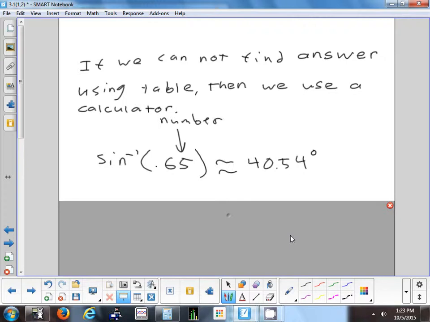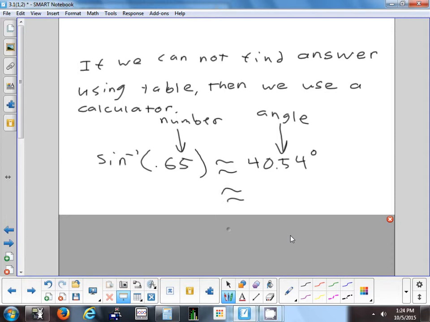It's not a degree, it's not a radian. It's like if I counted how many people in this room, just 20, just a number. It doesn't have a label like feet or inches or gallons. Well, this is the angle. So in here is just a number, your answer is an angle, that's degrees or radians.